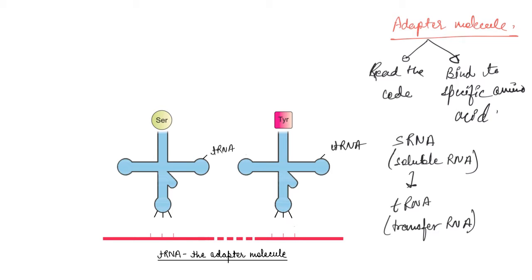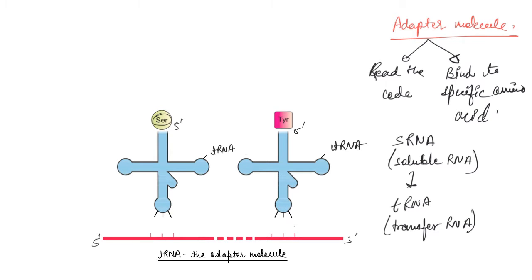Now, they have two ends. Remember that they have two ends. So see, guys, say this is the 3' end, and this will be the 5' end. Right. Now, here it is attached to an amino acid.